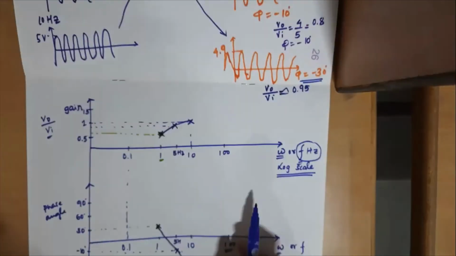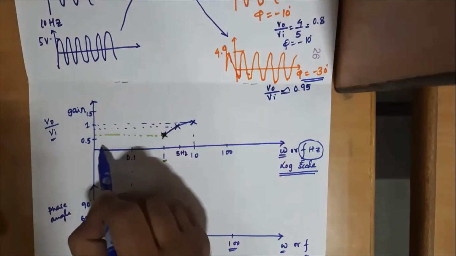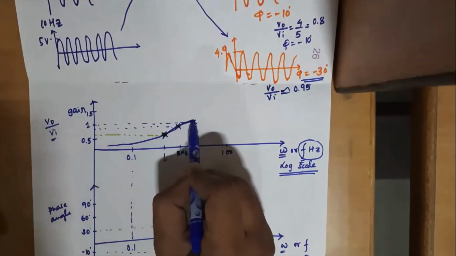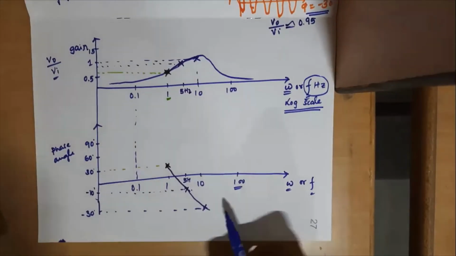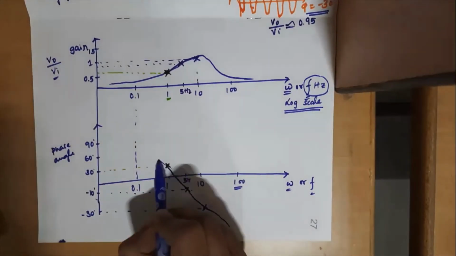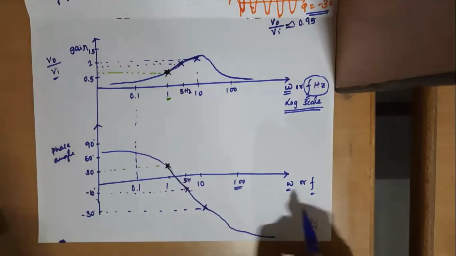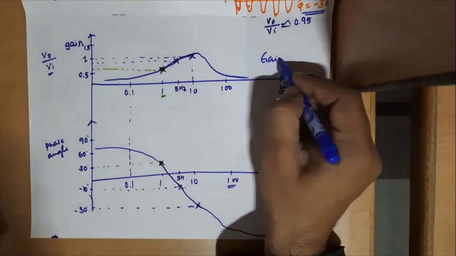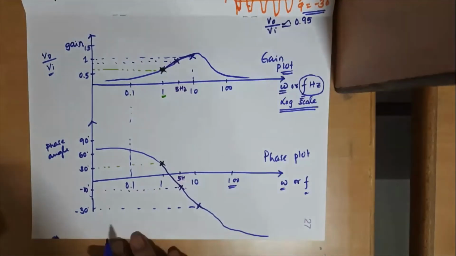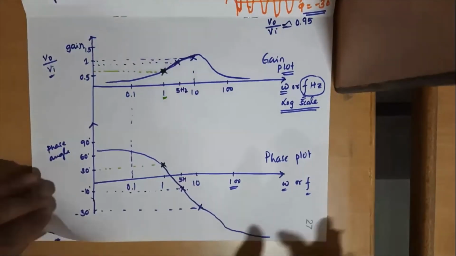So I have joined all the magnitude and phase angle points for different frequencies. If you plot over a range of frequencies, this is how you can expect the graph to look, the phase plot and the gain plot. These are the two plots we get for a frequency response analysis.